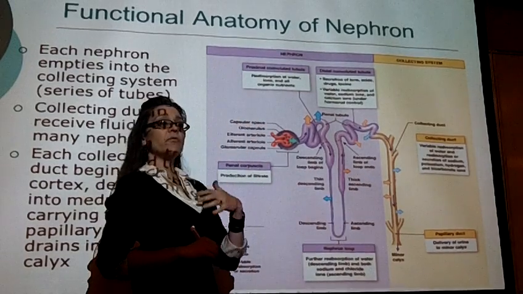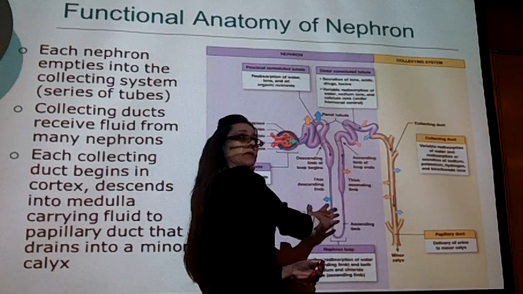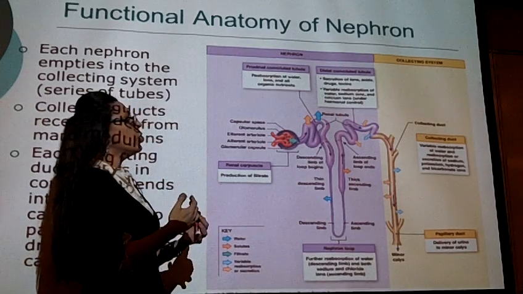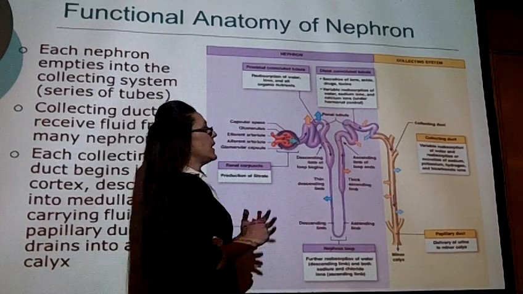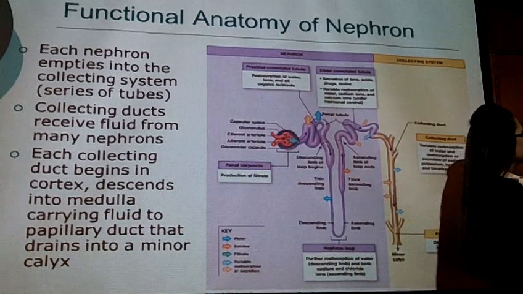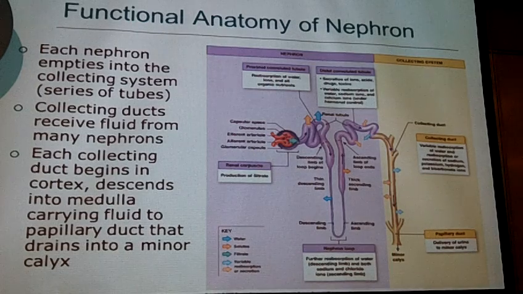And again, you've got to have gradients. You've got to have something high somewhere and low somewhere else, so it will diffuse. Or you have to have pumps. What we're going to see is, throughout this tubule, some things are just going to passively diffuse down a gradient. Some things are going to have to be actively transported.